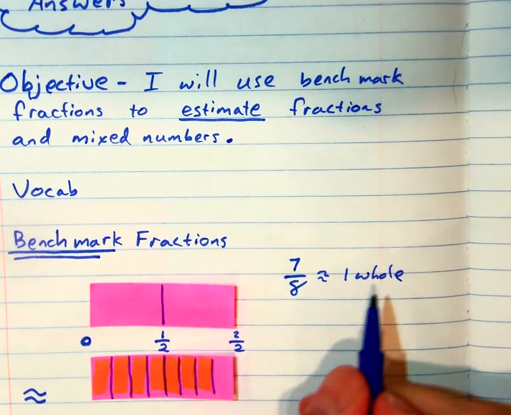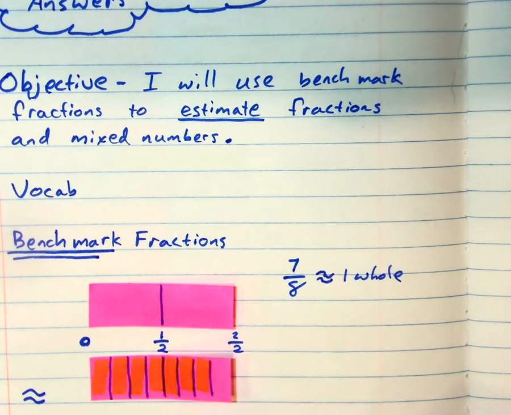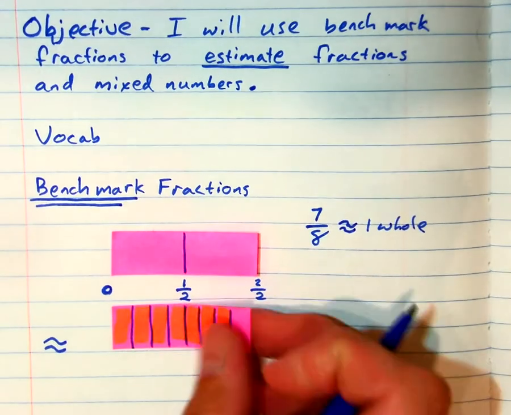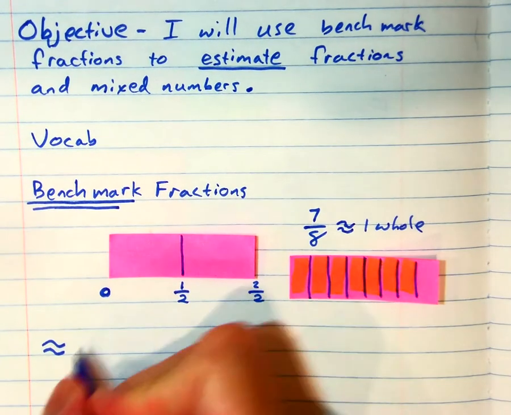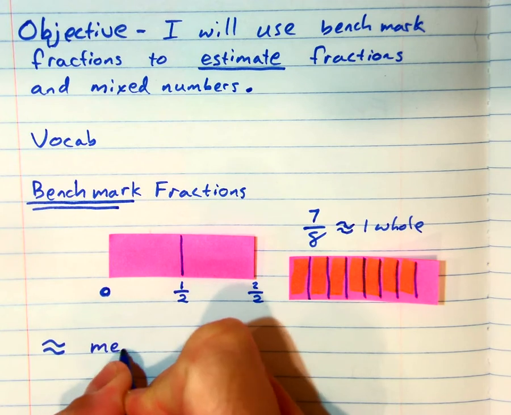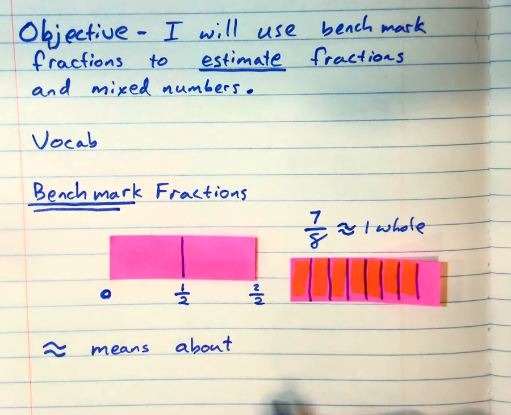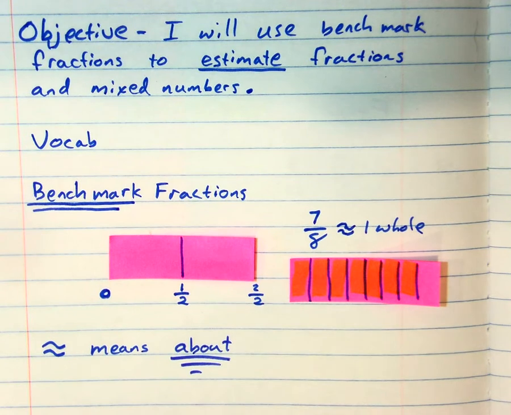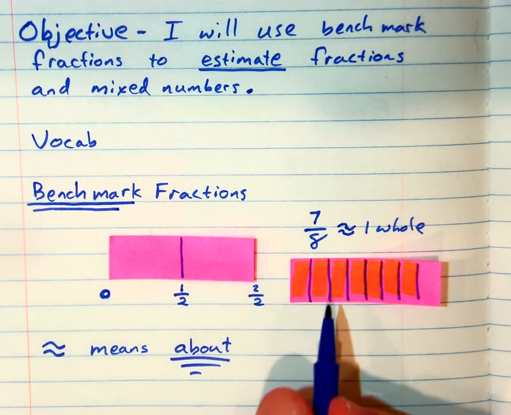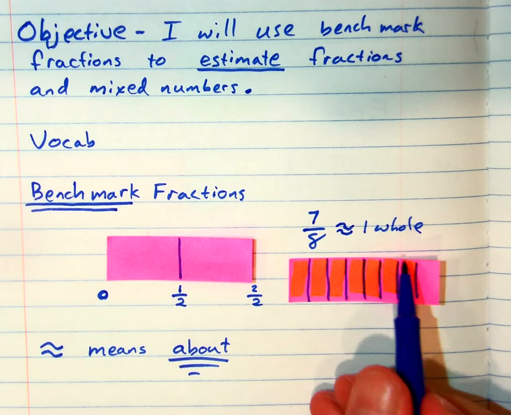And I'm using squiggly equals signs. And that squiggly equal sign right here, this means about. When we use the term about with math, we're talking about an estimate. We're saying 7/8 is about 1.